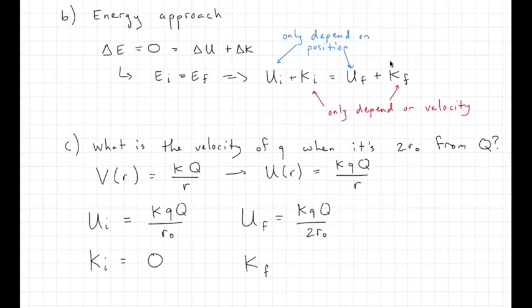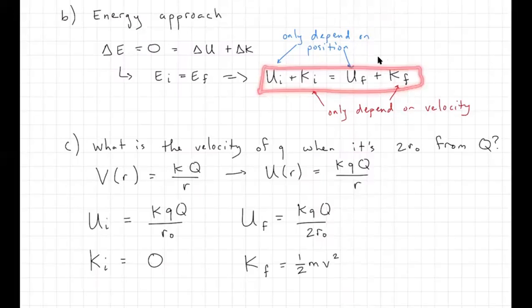And the kinetic energy at that spot is just 1/2 little m v squared. I'll just leave it as v because that's the v that we're looking for. So if I put all this together using our normal energy approach, which I stated up here, then I can say that the initial energy is equal to the final energy.